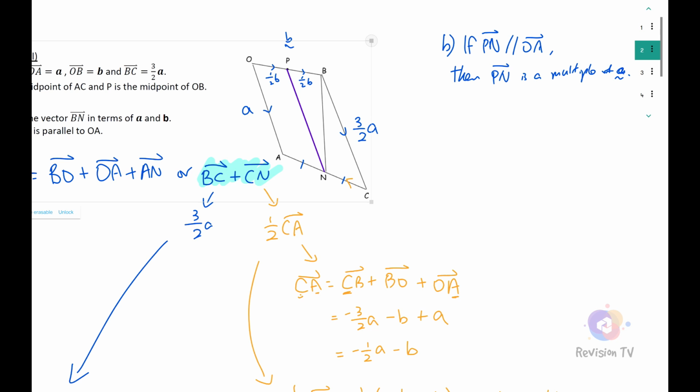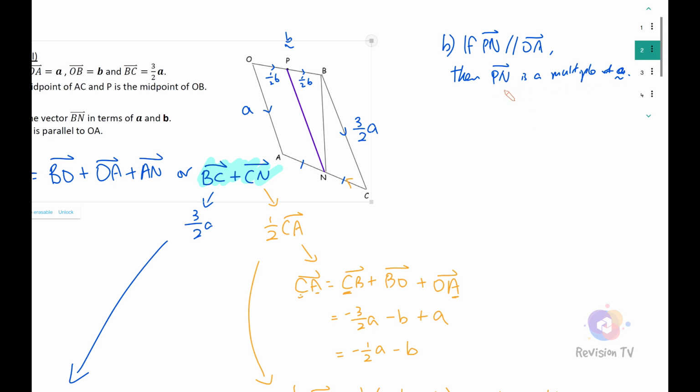Some people like to put a line underneath. You don't always have to put it down. When you have a line underneath, it means that letter, that variable, represents a vector. But you can put it down, or you don't have to. Look at me, sometimes I do put it down for the B, but I didn't put it down for the A. So it's not a must. Anyway, so PN is a multiple of A.